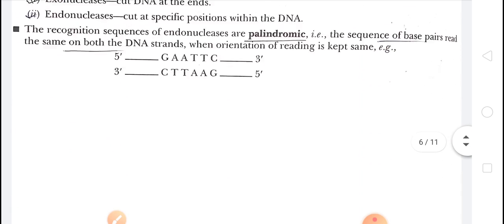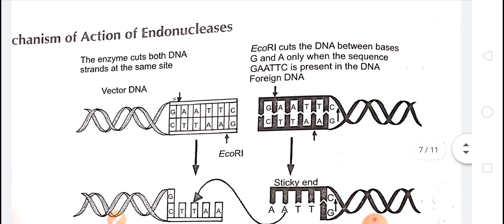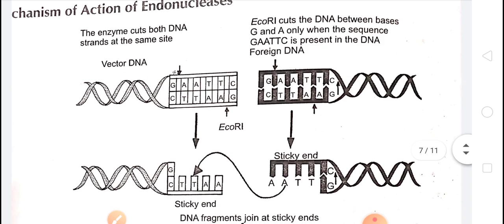After that, the second tool. Like you can see in the picture, the mechanism of the restriction enzyme: it cuts both DNAs at the same site, the vector DNA and the desirable DNA.